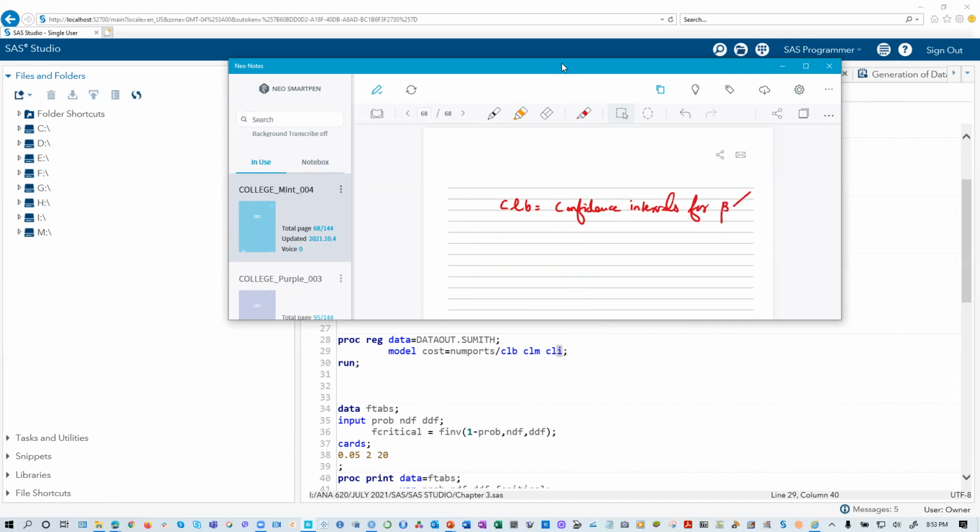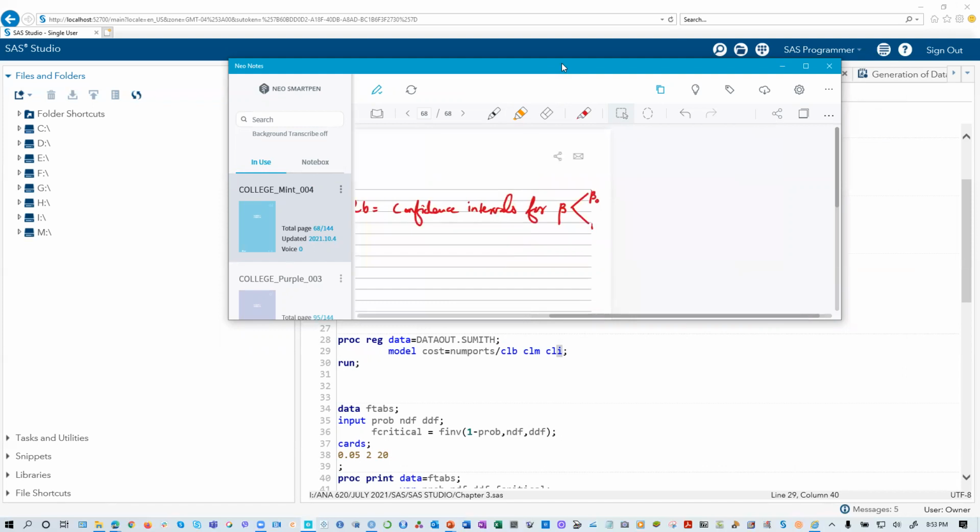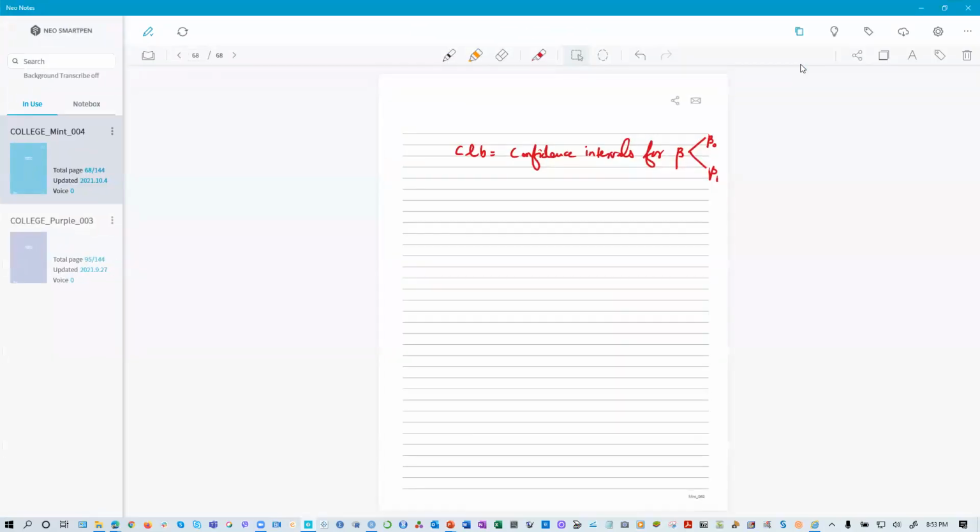That means beta naught and beta 1, their confidence interval. CLM, the confidence interval for this, the expected value of cost given the nodes.